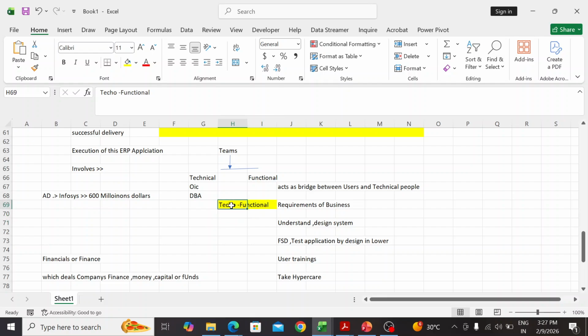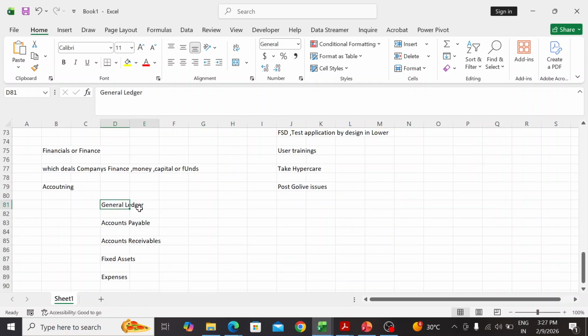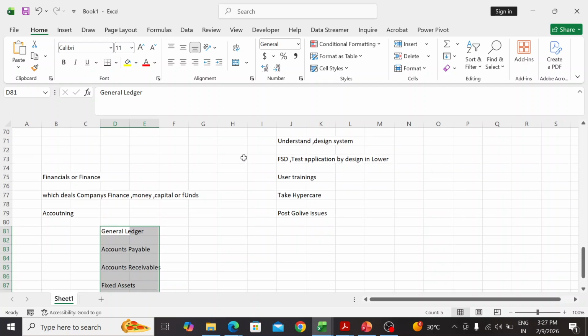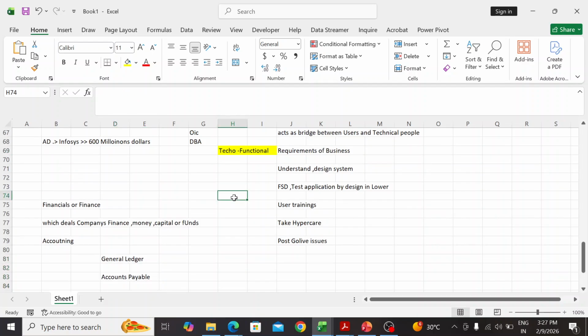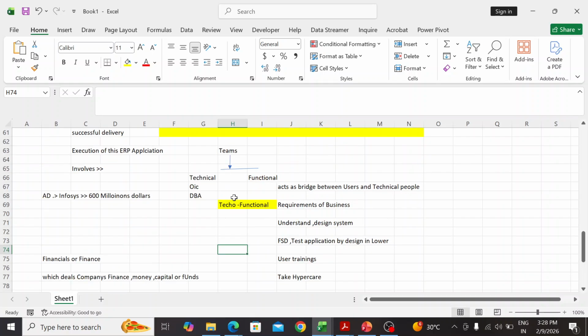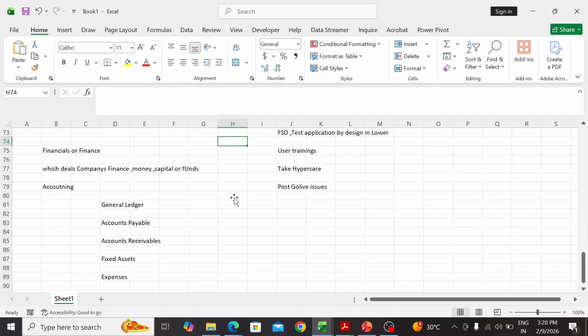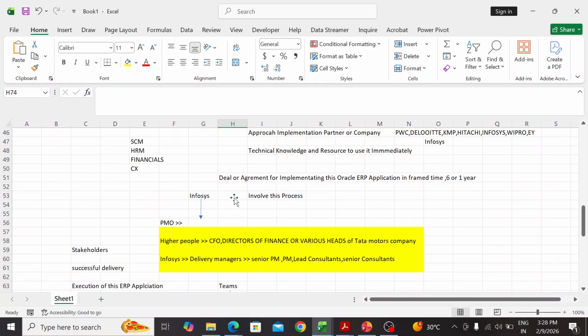That is why techno-functional consultants are getting more salaries when compared with functional consultants or purely technical consultants. So try to learn all these core financial modules, then become a techno functional consultant, and we will prepare the resume accordingly, then we will use it. I hope you got my point and understanding.